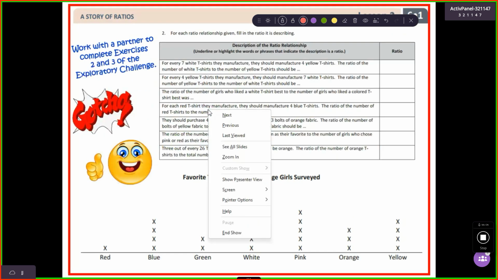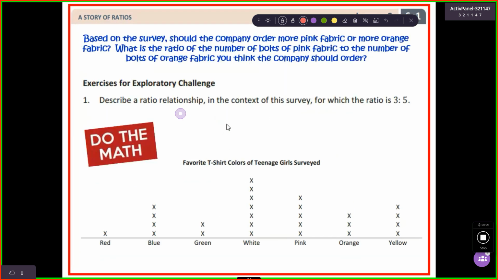Give me a second. 3 orange. And what is it about? T-shirts. 3 orange T-shirts to 5 what? Pink T-shirts.